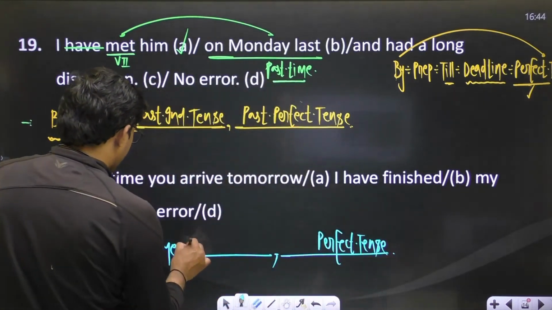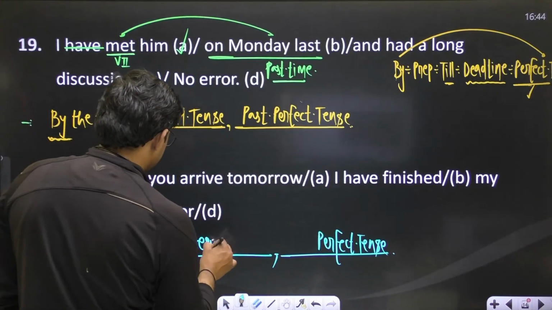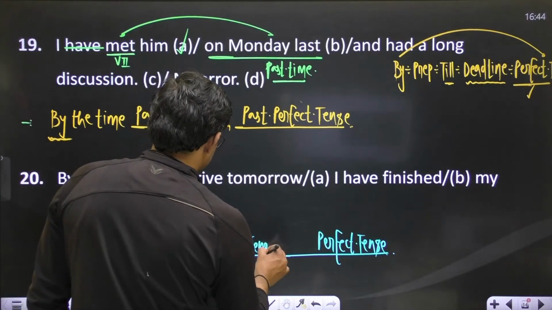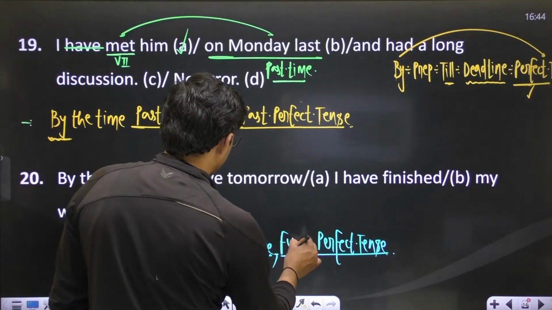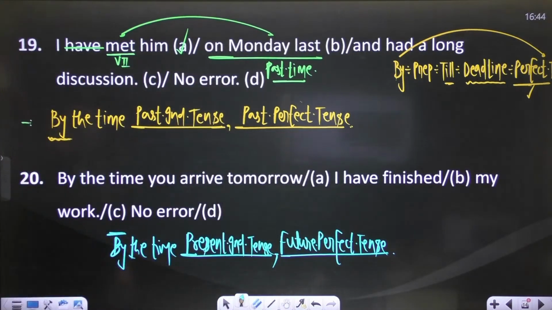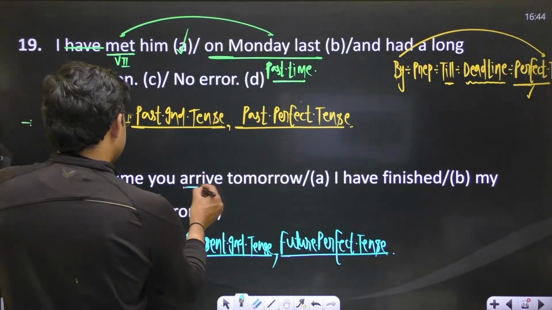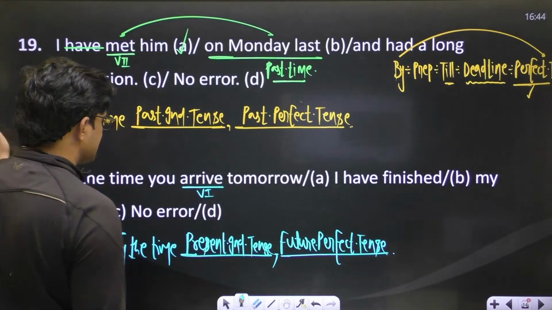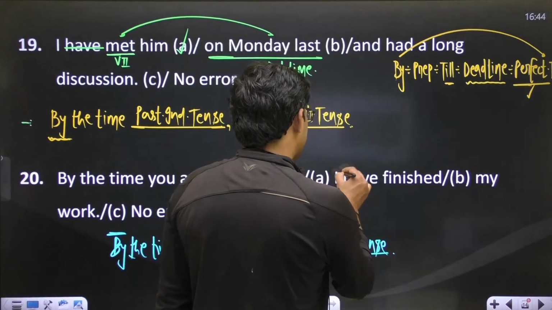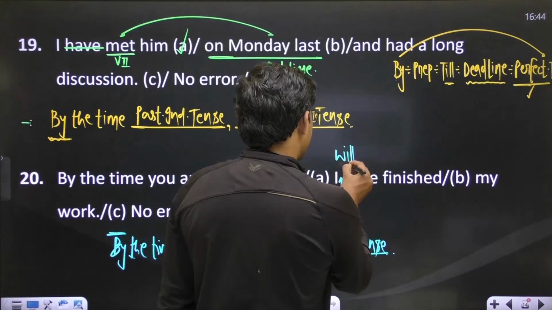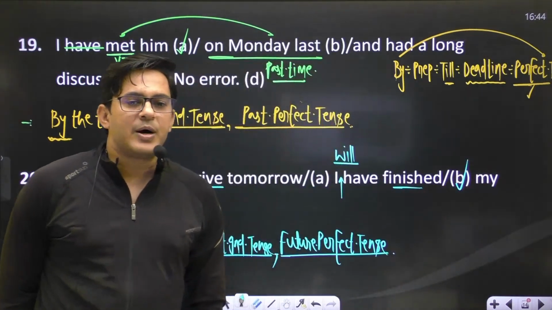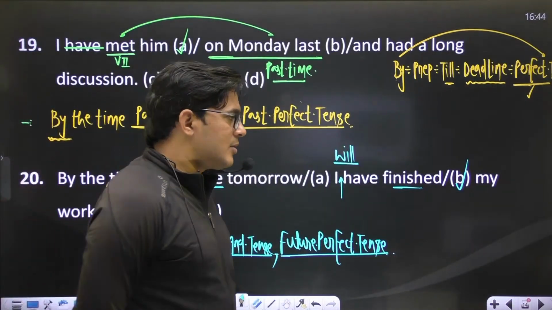But if the first clause is in present indefinite tense, this perfect will be of future perfect. So if you apply "by the time you arrive", this "arrive" is present indefinite tense, so this clause will always be in future perfect. So make it future perfect, use "will have finished", and now you have an error in part B.